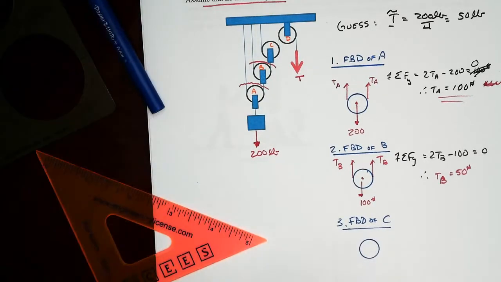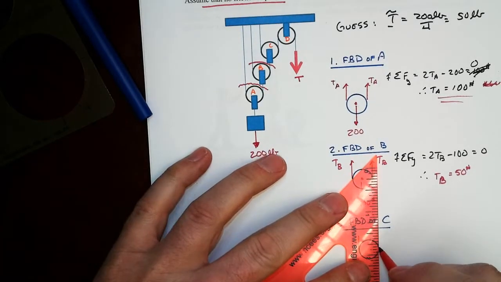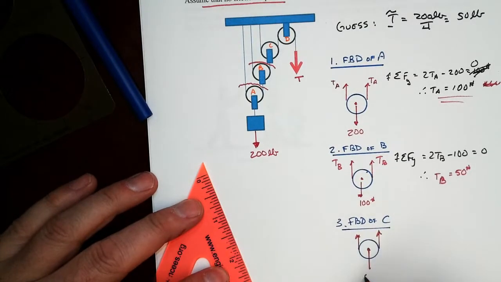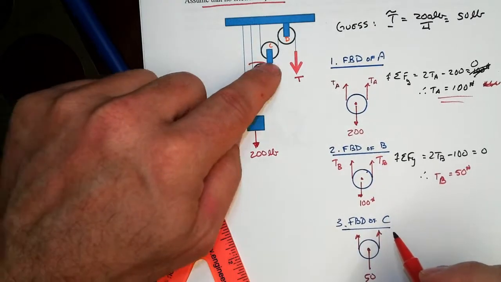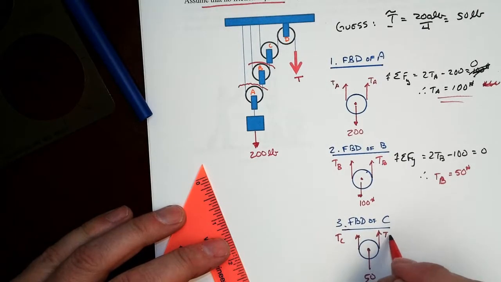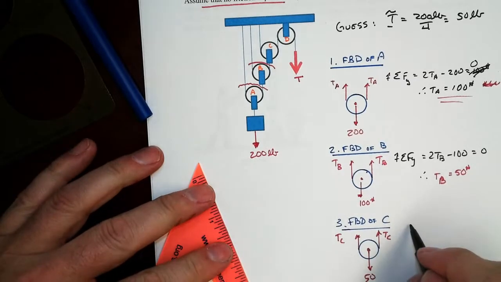Seems like every time we're going around a pulley in this kind of condition, we're splitting the forces in half. That's very interesting. So there's your 50 pounds going between B and C. That was really TB, and now we have TC. And, well, gosh, you get the feeling of the pattern here.